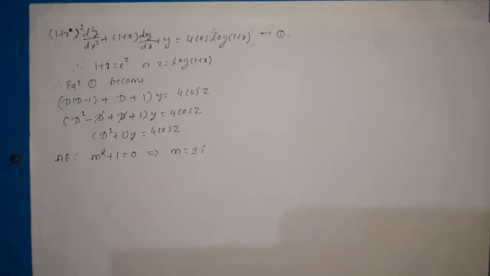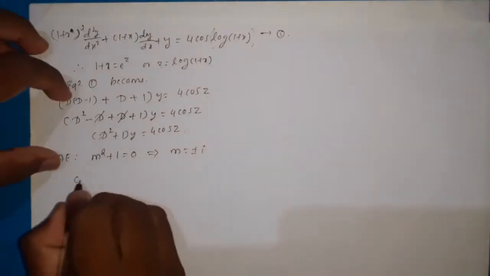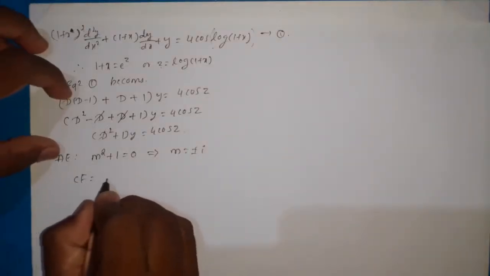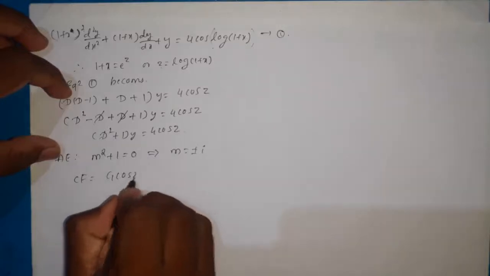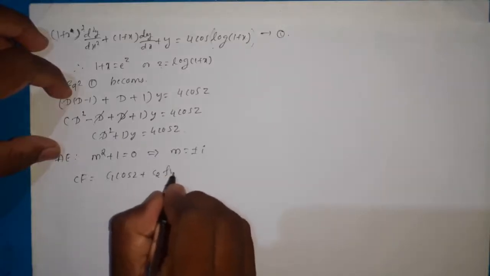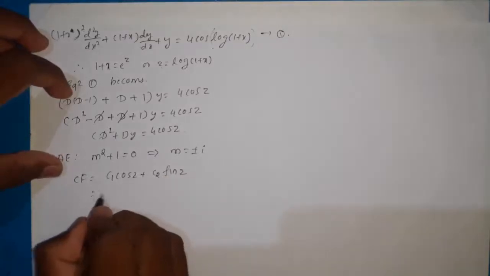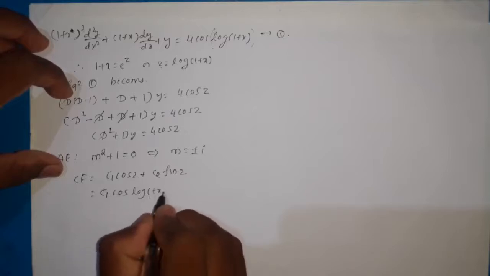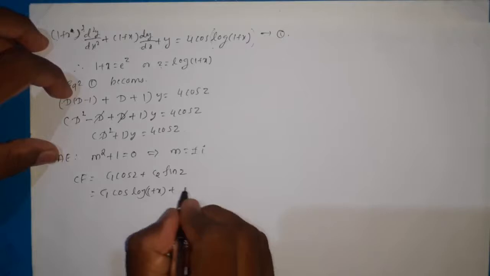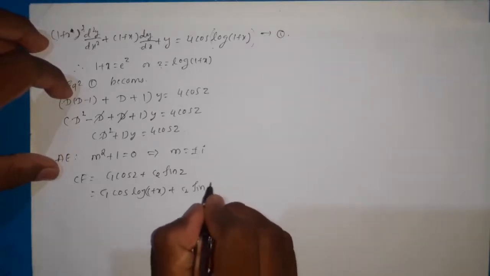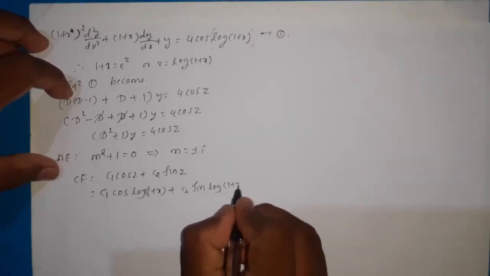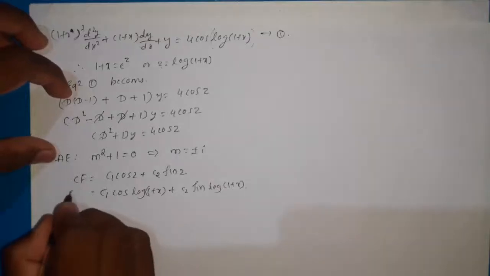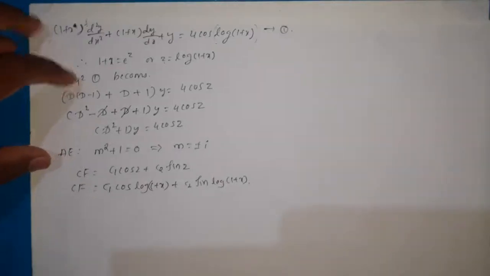So it is the pair of complex roots. Then the complementary function is equal to c1 cos z plus c2 sin z, that is c1 cos log of (1 plus x) plus c2 sin log of (1 plus x), that is the complementary function.